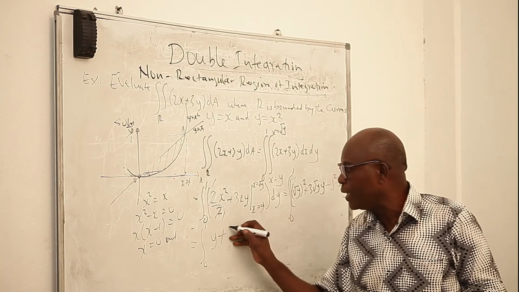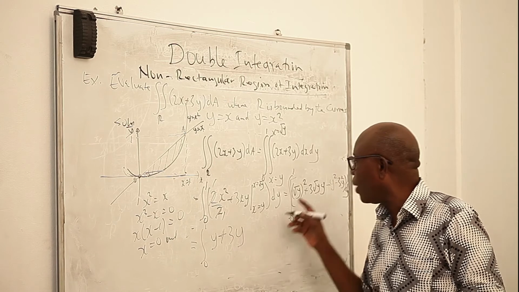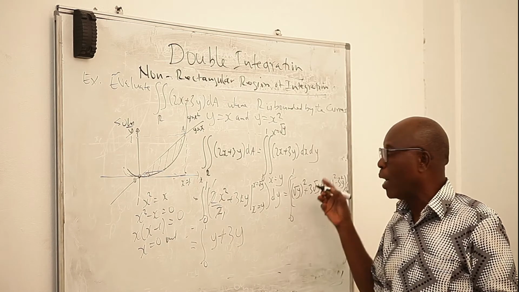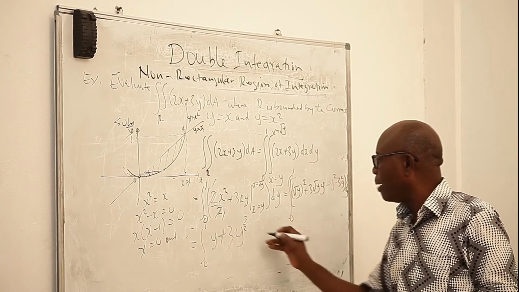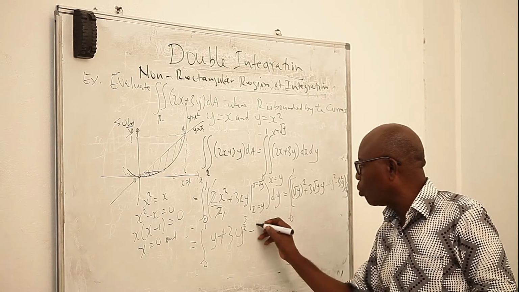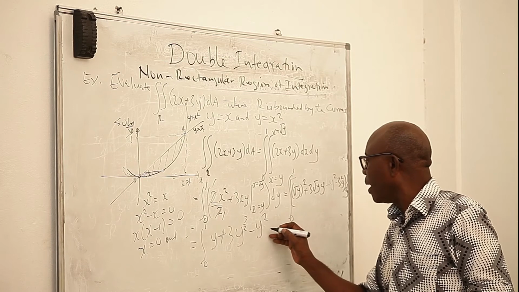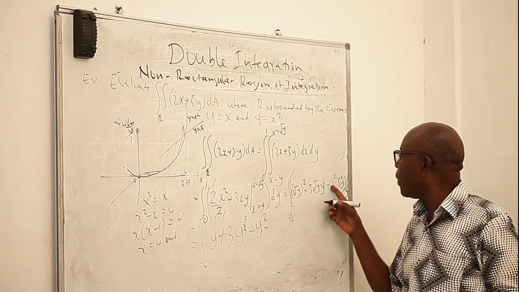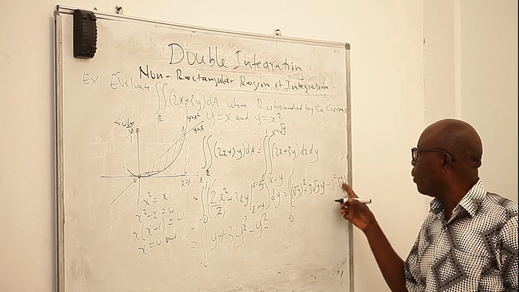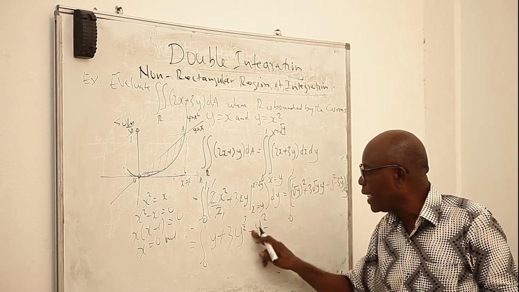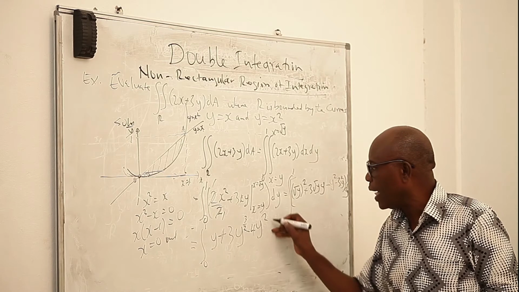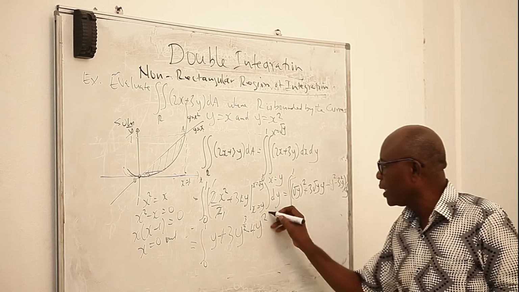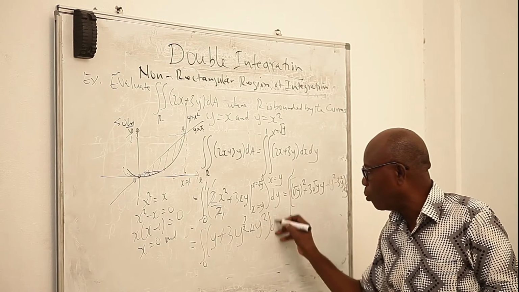So we're going to have 3y raised to the power 3 over 2, and then minus y squared minus 3y squared, that will give us minus 4y squared, and then dy.